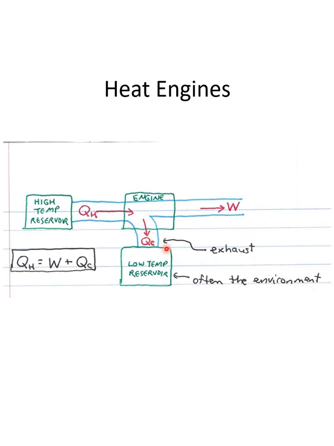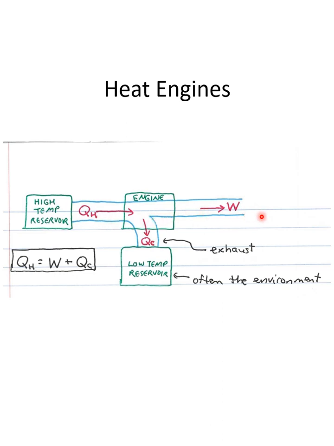So a little bit of heat, think of this as exhaust, is dumped into a lower temperature region. Often that's the environment. So if you think with an automobile engine, without getting into exactly how the engine works, in general, we have an amount of energy in the hot engine, and a lot of it gets turned into useful work.